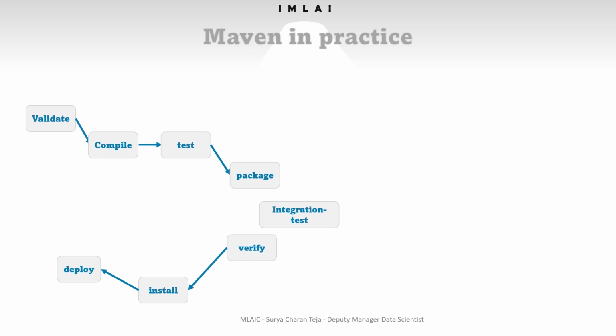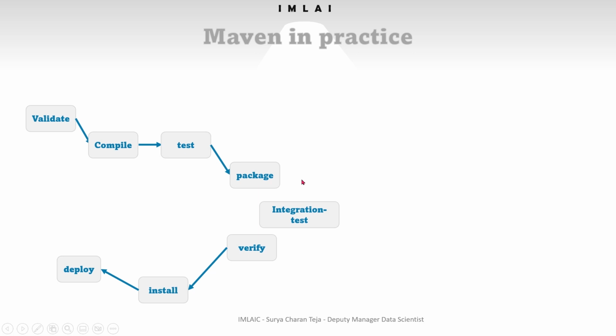So the difference between archetype:generate and just the single word package is that archetype:generate is a goal, whereas package is a phase of the build life cycle.